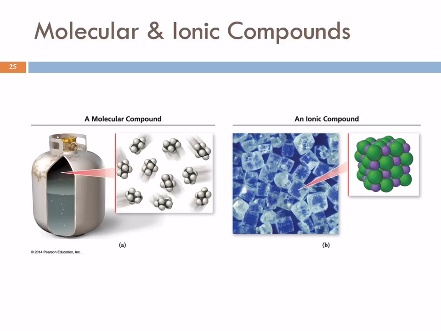If you freeze it to a solid, the molecules are not held to each other by covalent bonds, they're held together by something else. So molecules are held together by covalent bonds, and you have these discrete units. In ionic compounds, the whole thing is basically 1 molecule. Does that make sense?